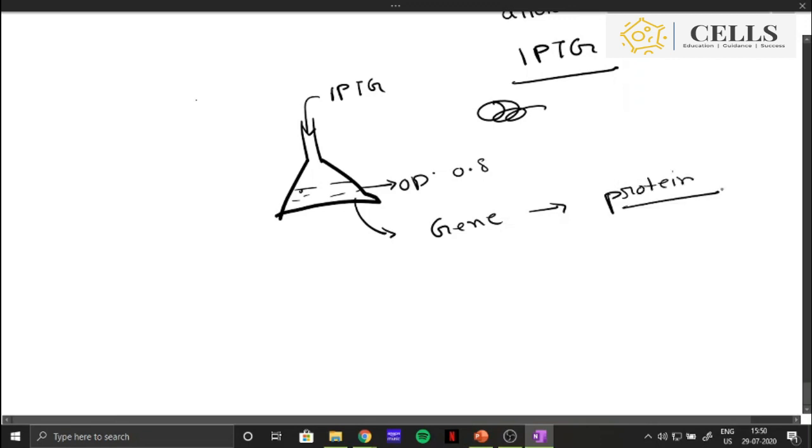Now the experimental challenge is, how do you isolate your protein from a group of proteins?